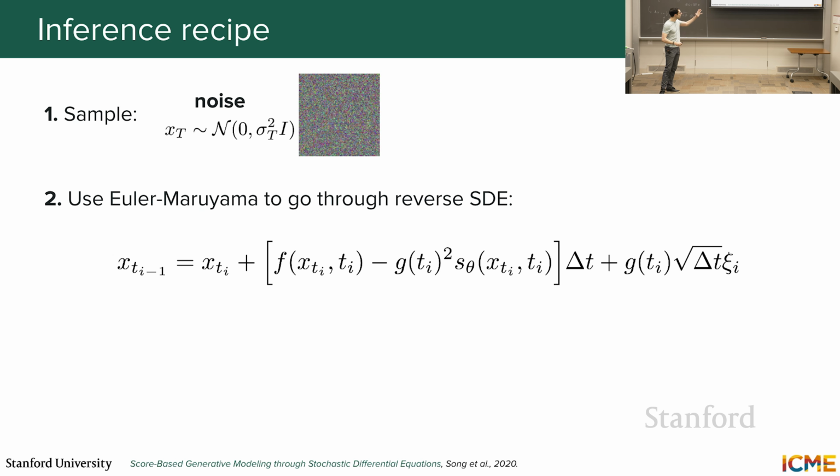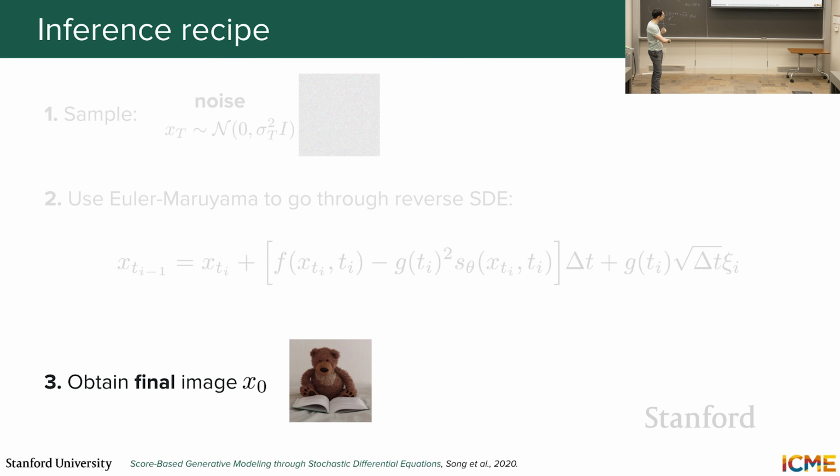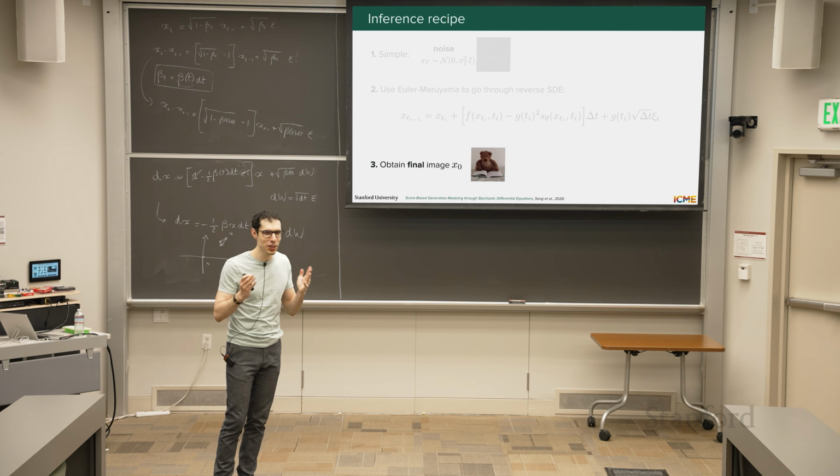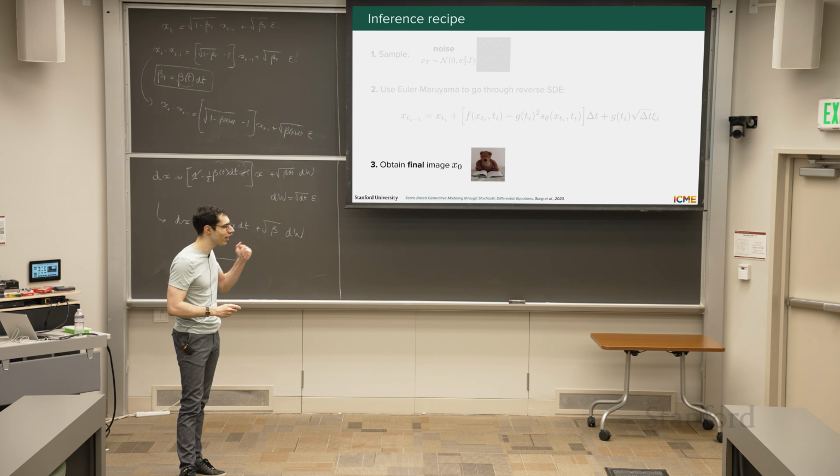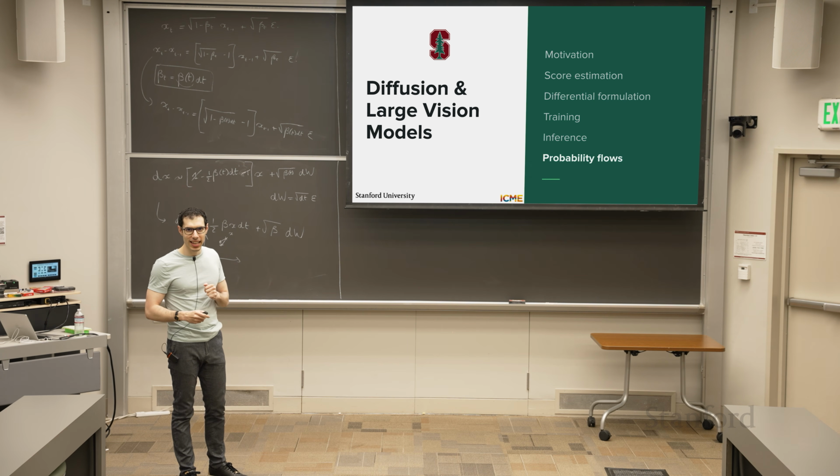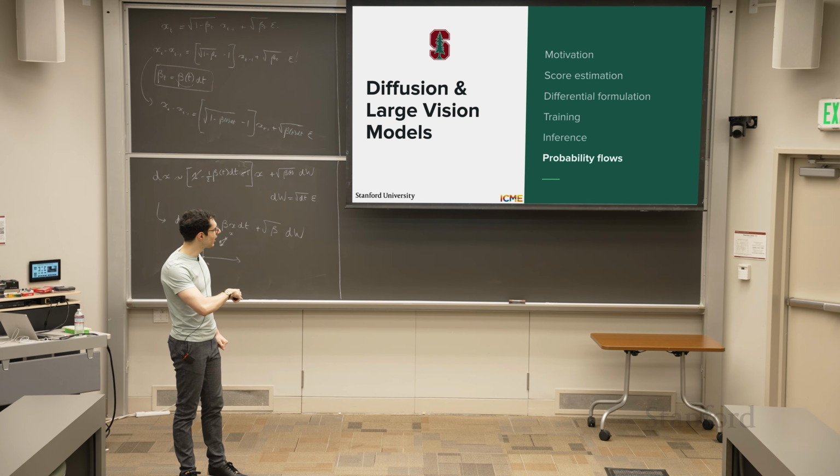Here you can think of it as a numerical method that will let you go from your original x back to the endpoint using the reverse process equation. And you will obtain your final image, which will hopefully be a satisfying image, and that's going to be your final image.